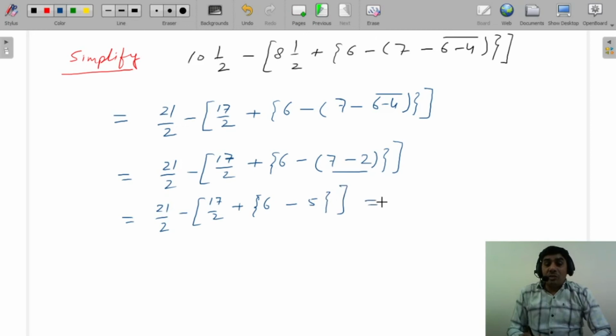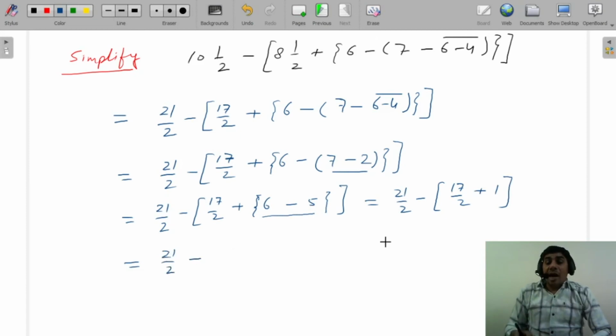which is equal to 21 by 2 minus capital bracket 17 by 2 plus, in curly bracket, 6 minus 5, that means 1, which is equal to 21 by 2 minus, now we solve the capital bracket 17 by 2 plus 1, which is equal to 19 by 2.